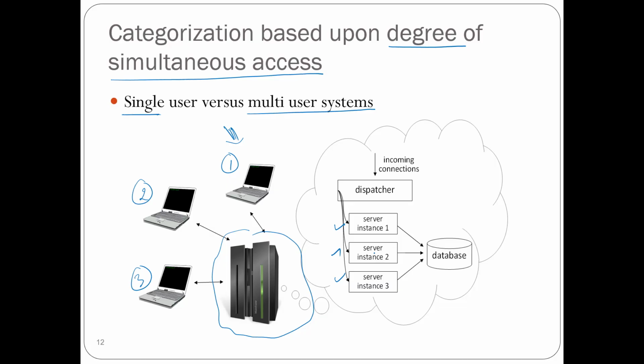Now these three simultaneous users request database access, and here we have a dispatcher. The role of the dispatcher is to allow these multiple users to have access to the database in a controlled manner.